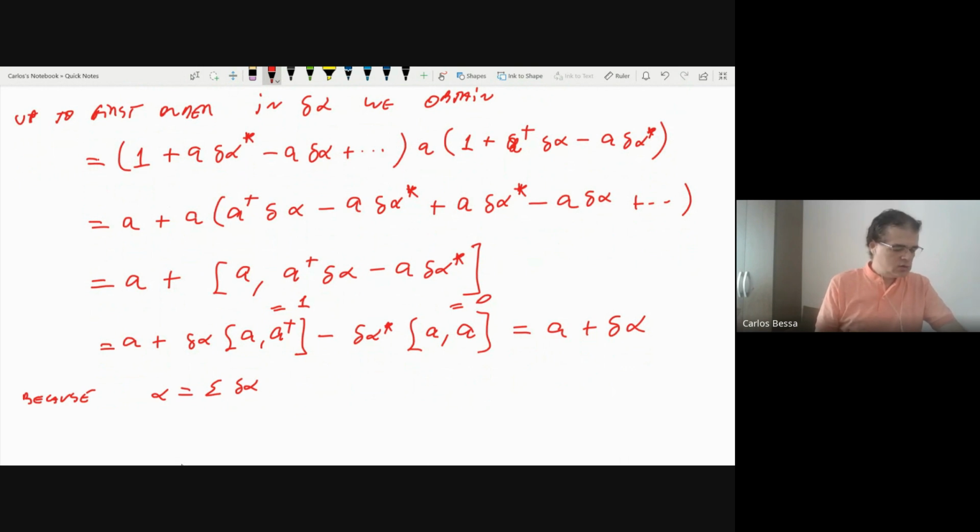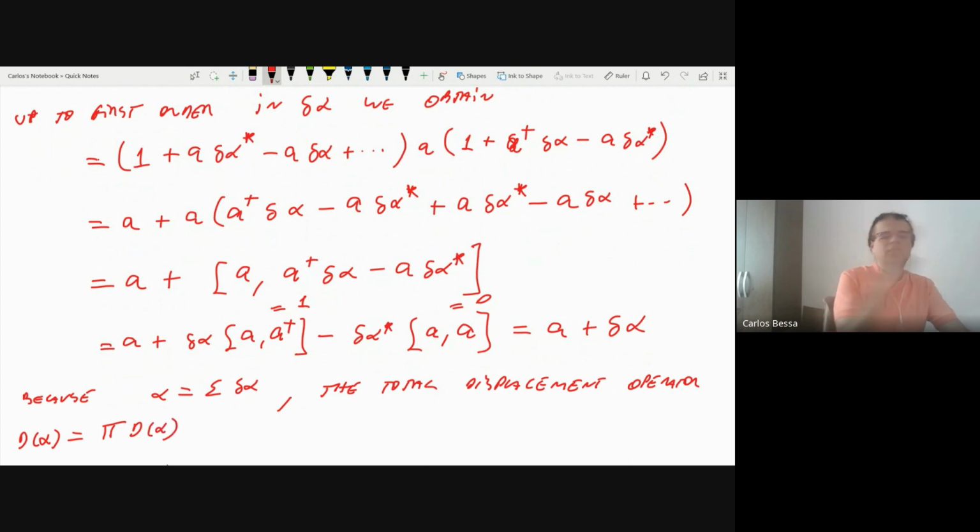The total displacement operator D of alpha will be the product of the D of delta alpha, right? Because of the properties of the exponential.